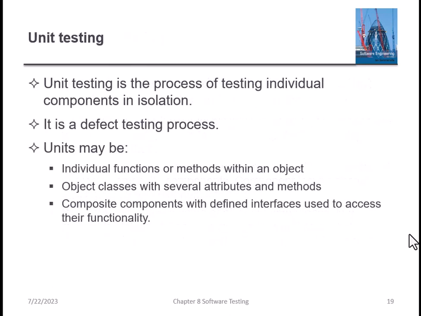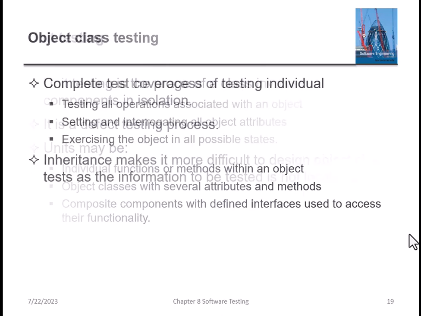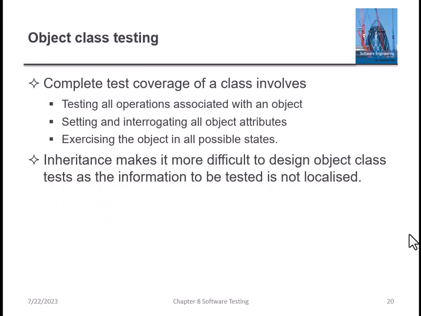Unit testing is the process of testing individual components in isolation. It is a defect testing process. Units may be individual functions, methods within an object, object classes with several objects and methods, or composite components with defined interfaces used to access their functionality. Object class testing.